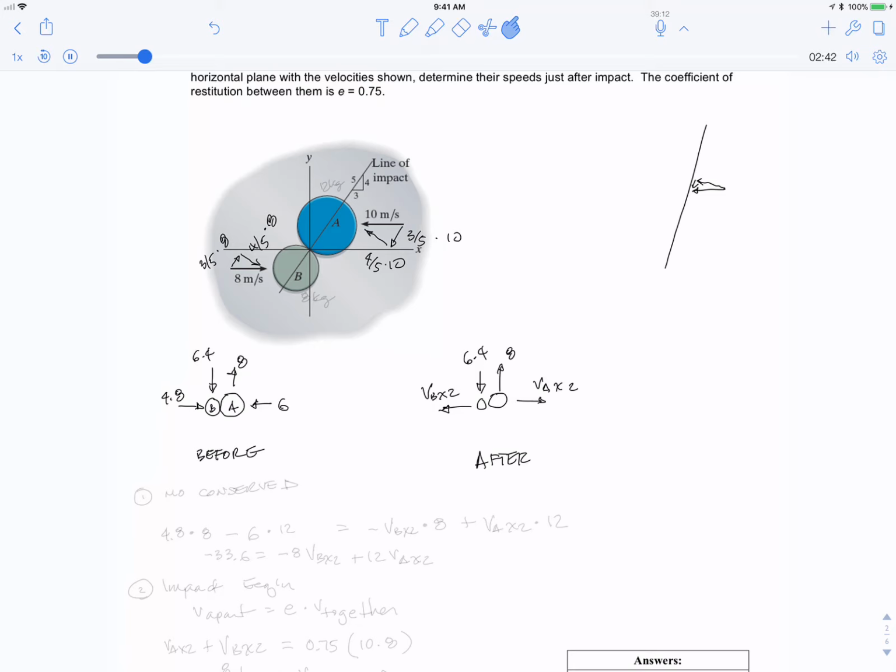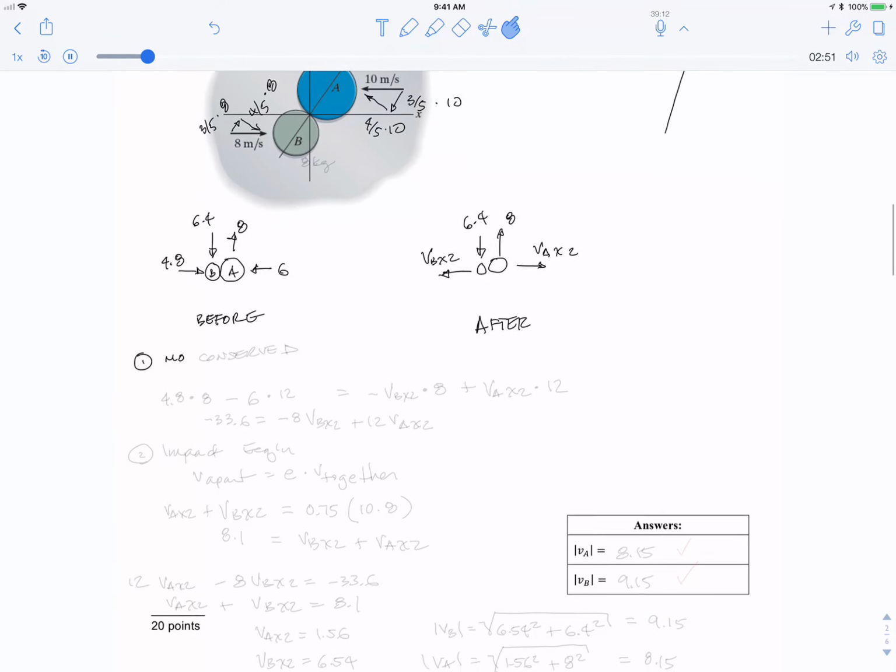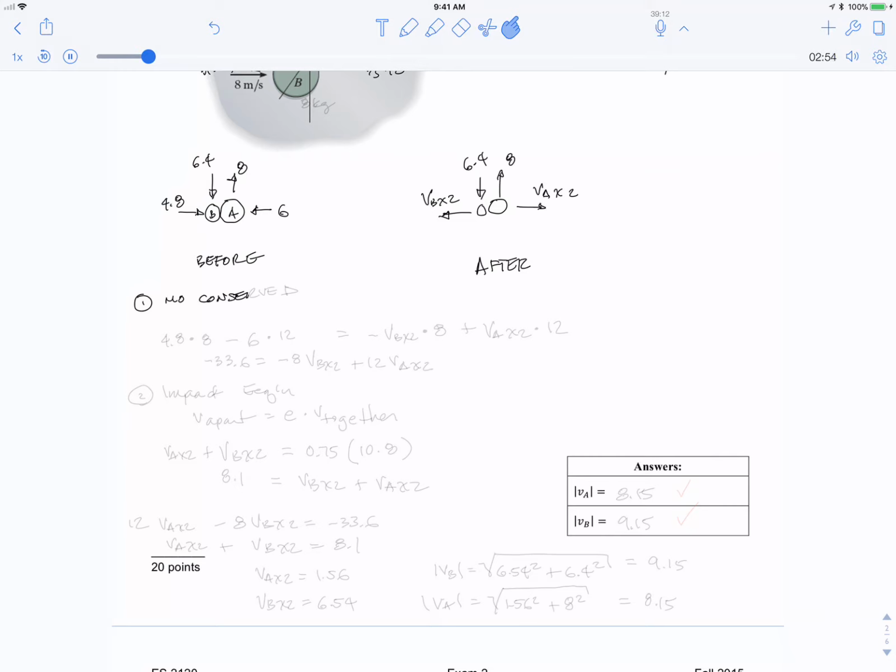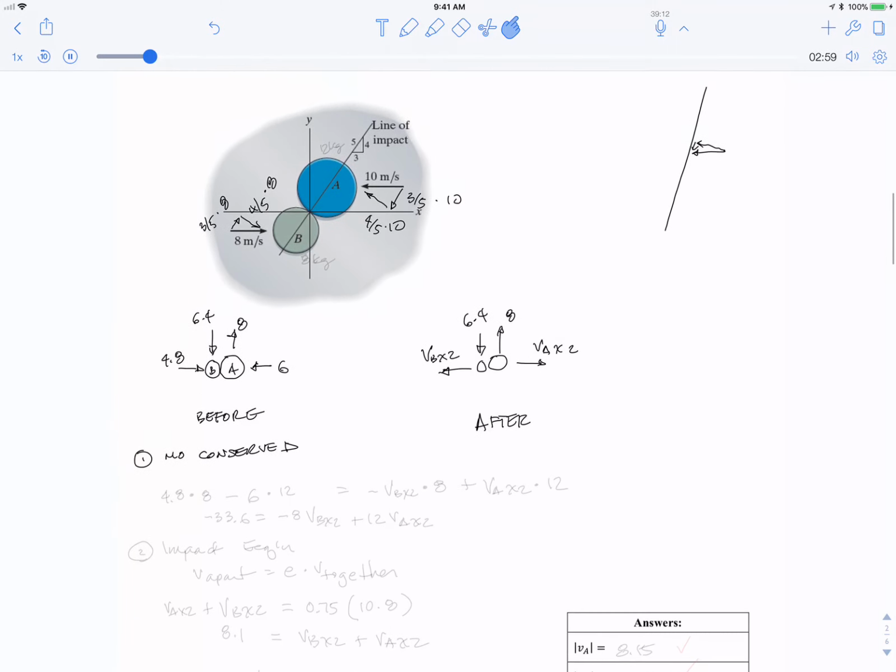Okay, so that's before and after. First of all, we need two equations for those two unknowns. The first equation is conservation of momentum. The masses were 12 kilograms for A and 8 kilograms for B.